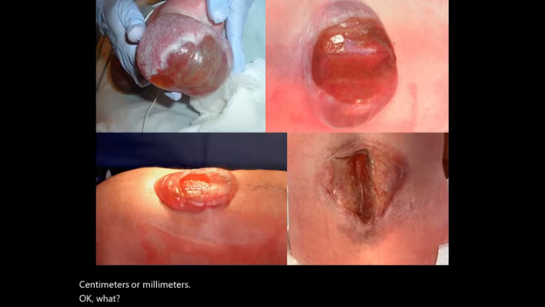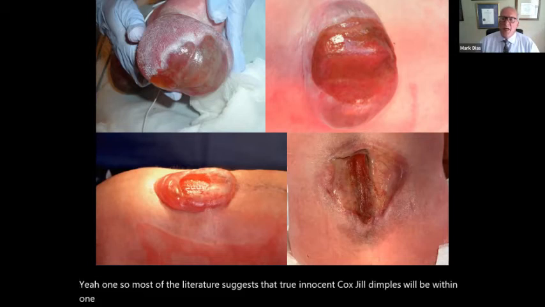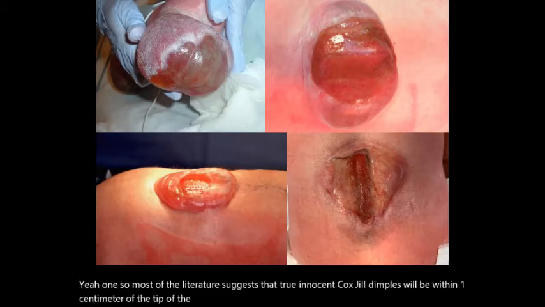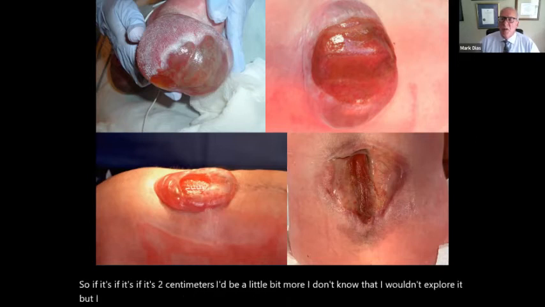Yeah, so most of the literature suggests that true innocent coccygeal dimples will be within 1 centimeter of the tip of the coccyx. So if it's 2 centimeters, I'd be a little bit more concerned about whether or not it's a problem.